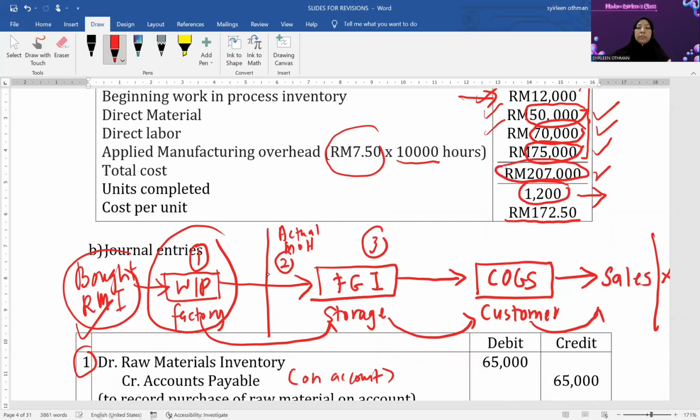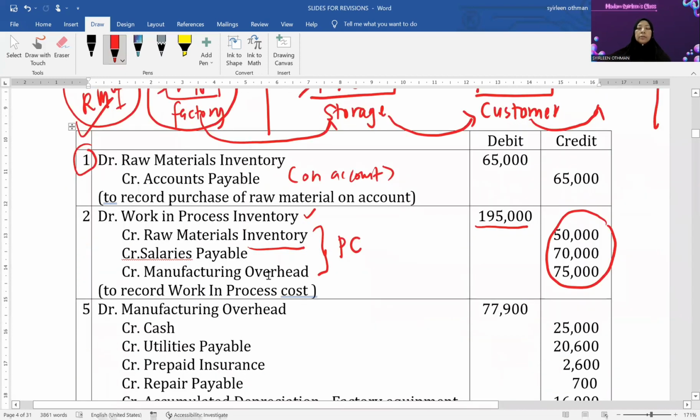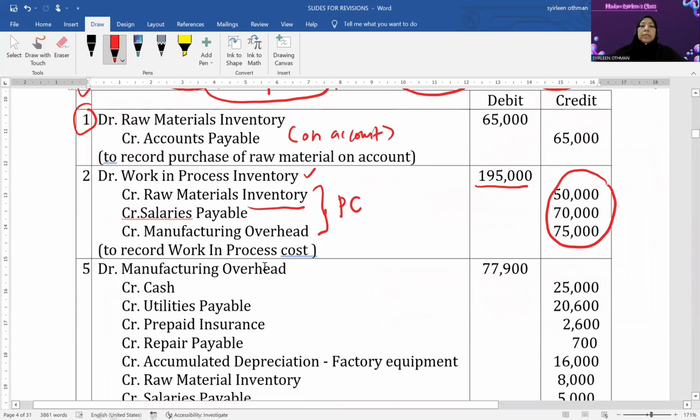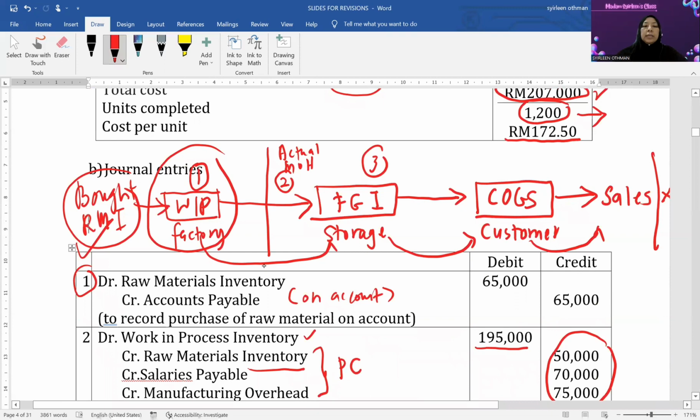So this one you need to be very careful, especially when you are preparing the table. Sebab kalau kita ada beginning work in process, make sure when you transfer to WIP, you will exclude the amount from your beginning work in process. Okay, alright, so macam saya cakap tadi, bila kita dah hantar ke kilang, bila siap nanti kita akan hantar ke storage.